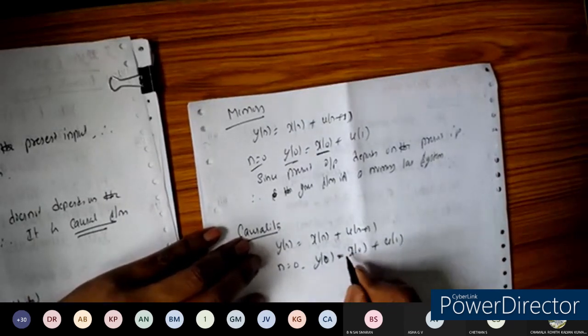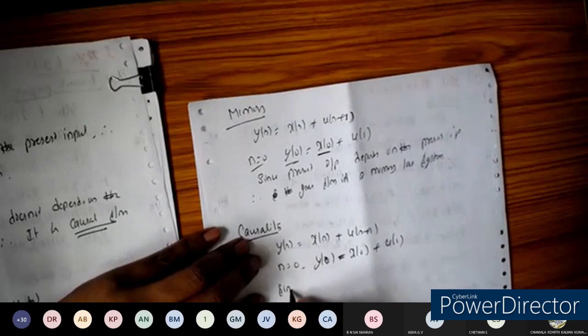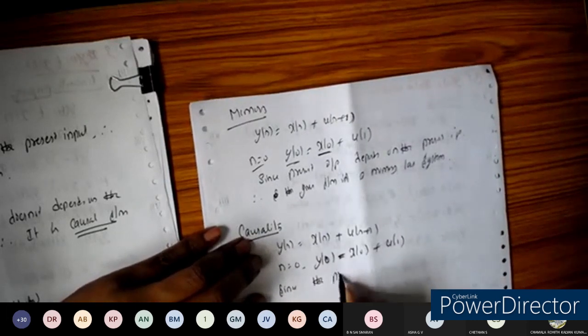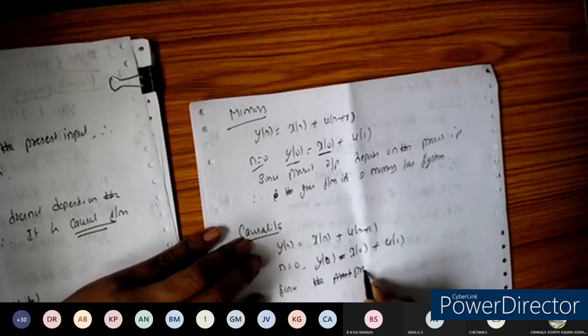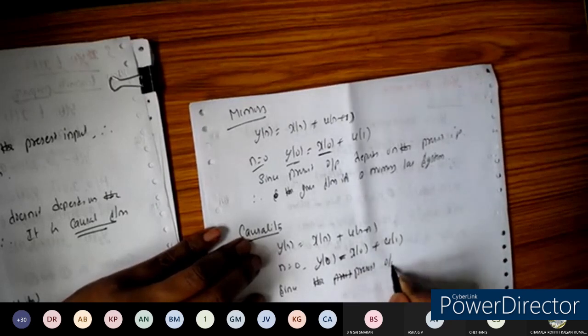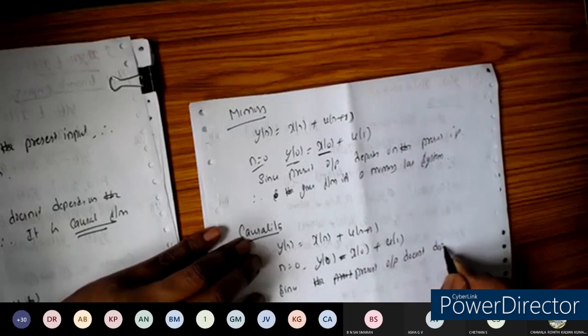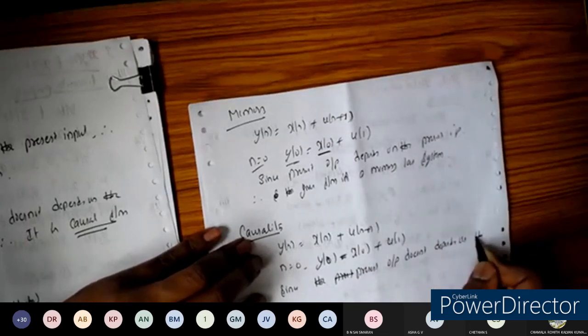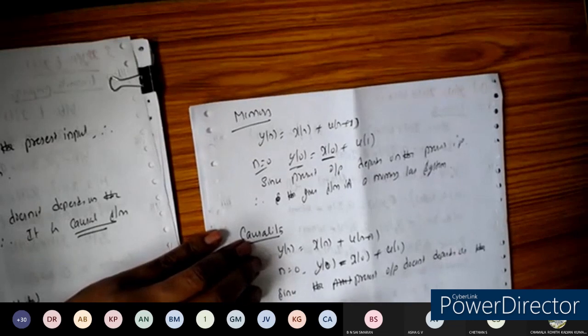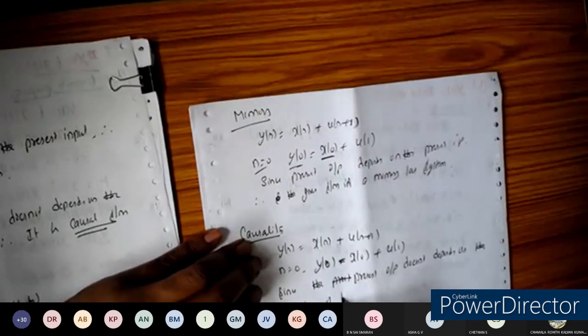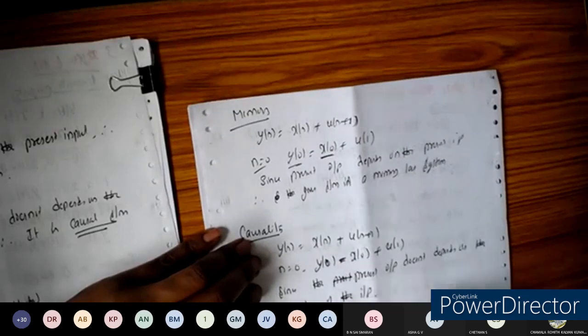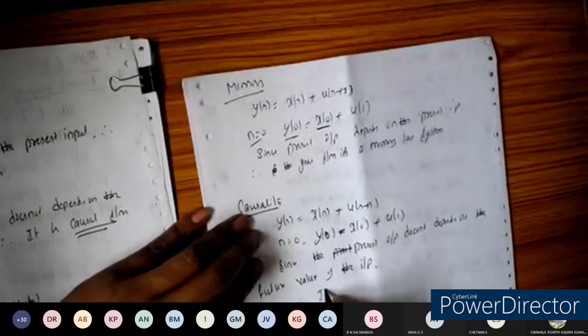Since the present output does not depend on the future values of the input, therefore it's a causal system.